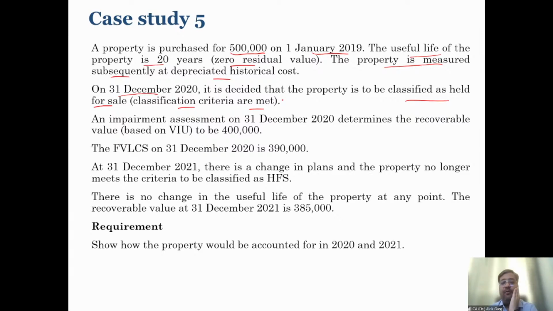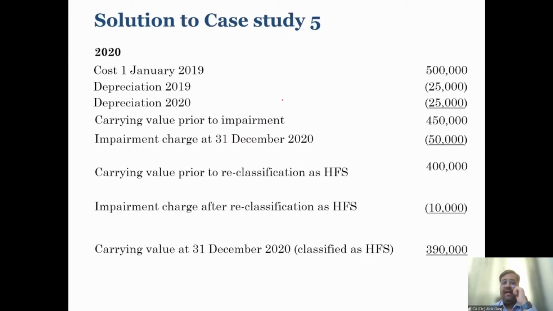Then on 31st December 20, this property met the held for sale criteria, right? So before moving into held for sale, you need to compute the carrying value as per Ind AS 16. Cost is 5 lakh rupees, depreciation for 2019 is 25,000 rupees, for 2020 is 25,000 rupees.